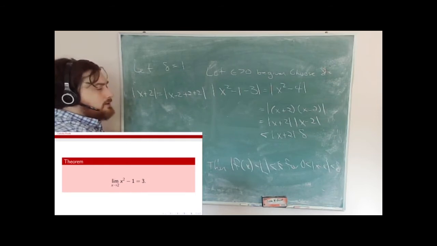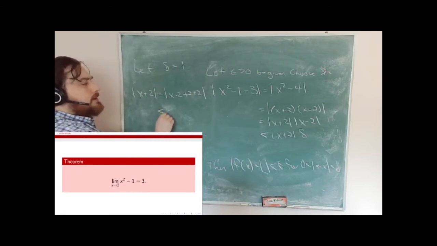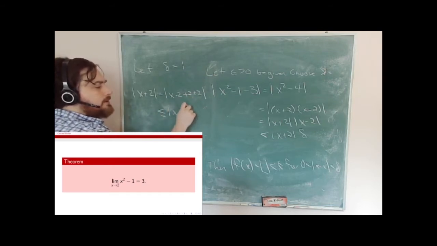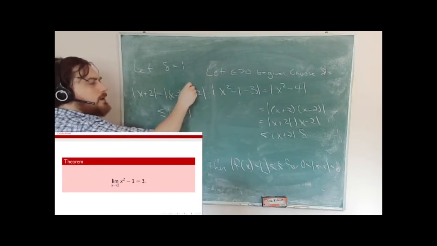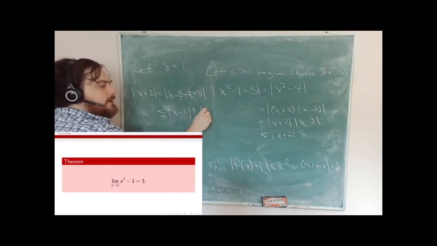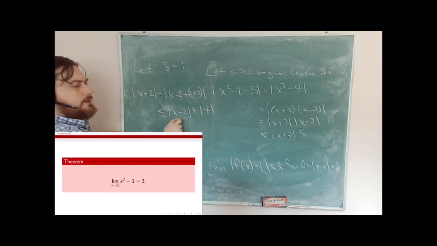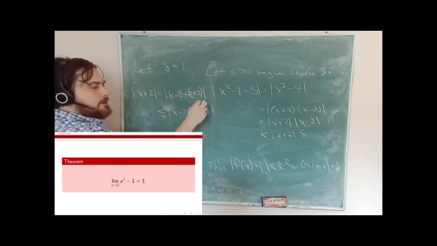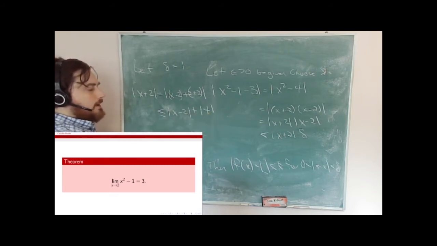Why is that helpful? Because this is just x minus 2 plus 4, so if I use the triangle inequality, I get this is less than or equal to this number plus the absolute value of this number. So this is less than or equal to the absolute value of x minus 2 plus 4. The reason we did that is we wanted this x minus 2.